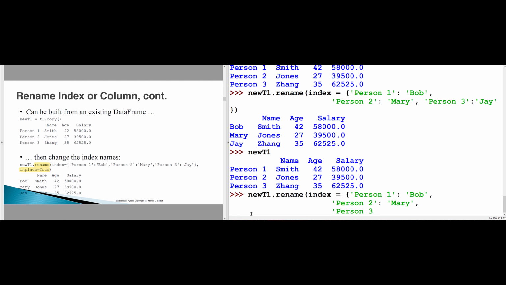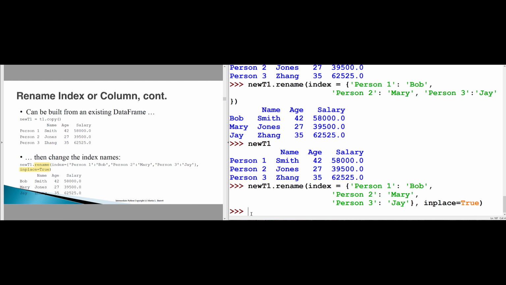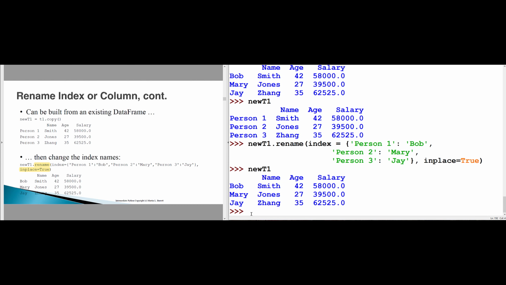Person 3 is J. That's the end of my dictionary, and I'm going to say in place equals true. There we go.